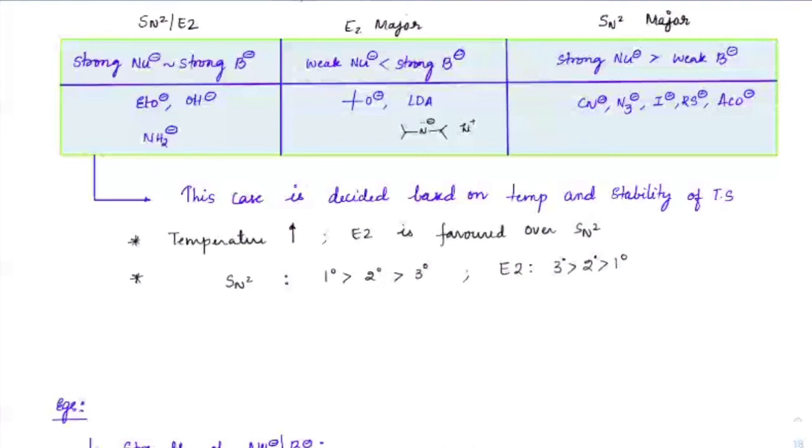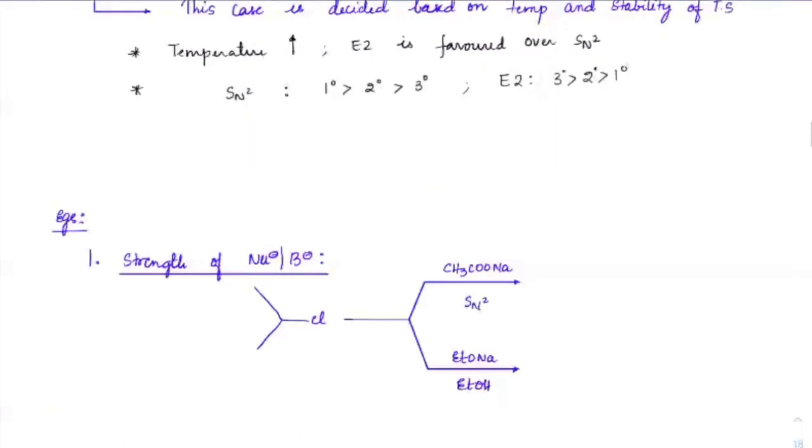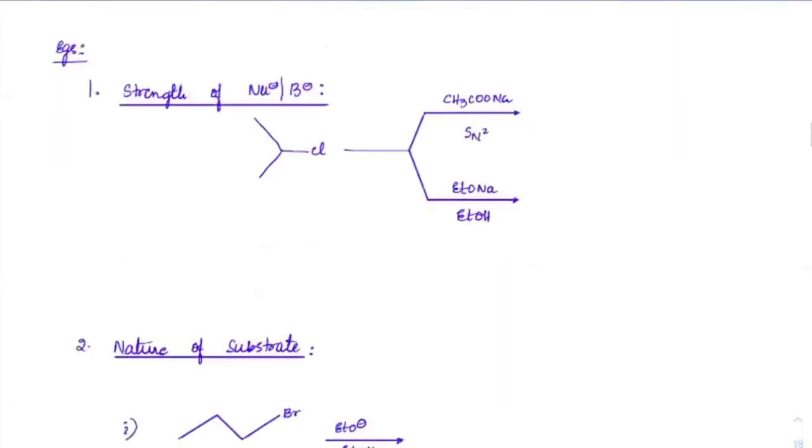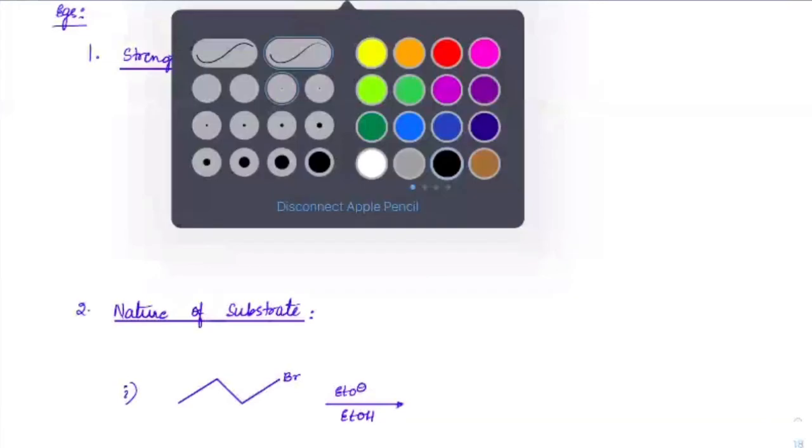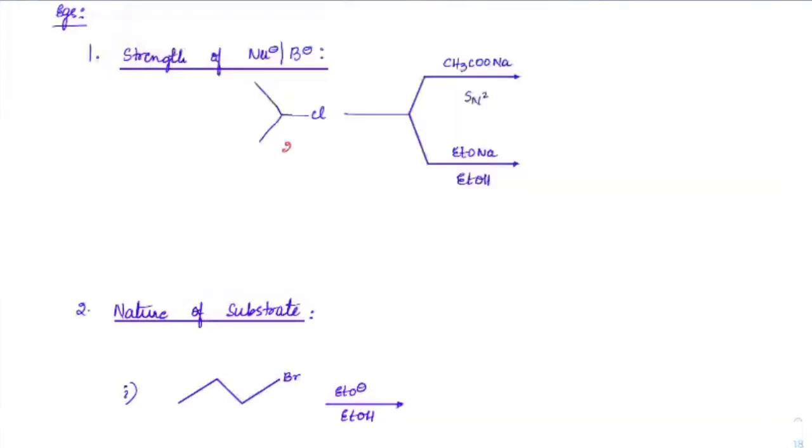Now let us do a few typical examples where we will come across SN2 and E2 as different major products. Let me start with this first one. You can see this is a 2-degree alkyl halide.